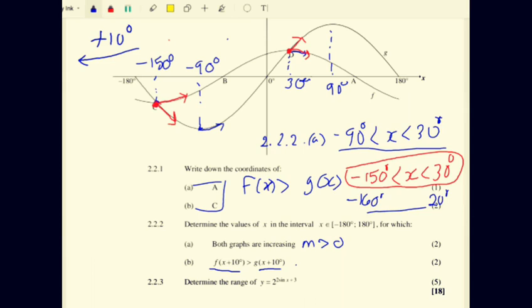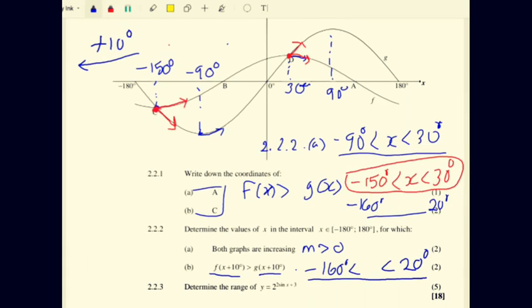So our correct answer should be minus 160 degrees less than x less than 20 degrees. My x there looks a little weird, but that's a bad x. So this is the range where f of x plus 10 is greater than g of x plus 10 degrees.